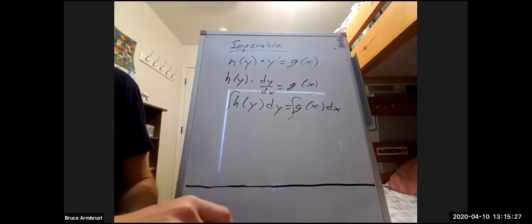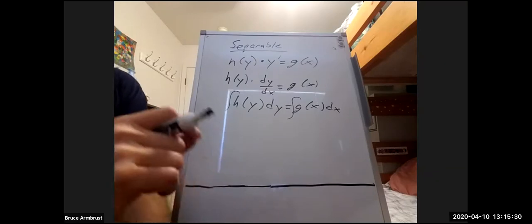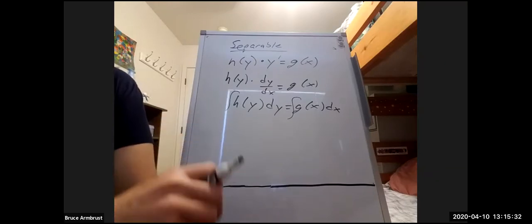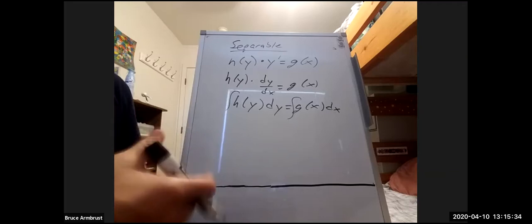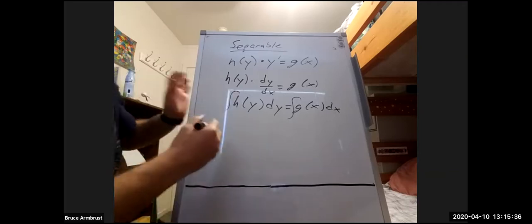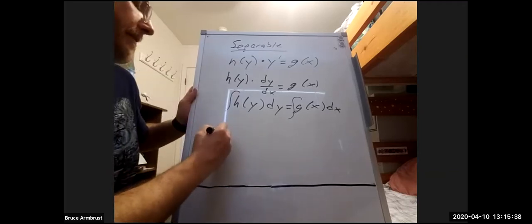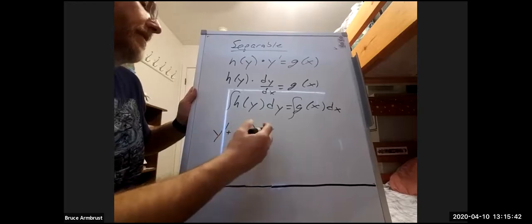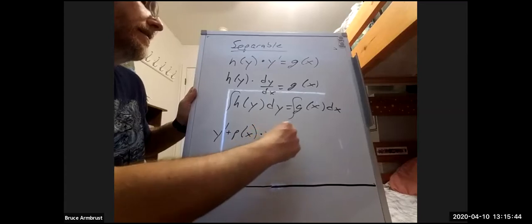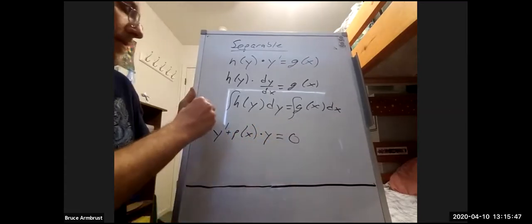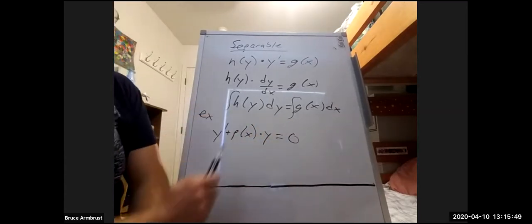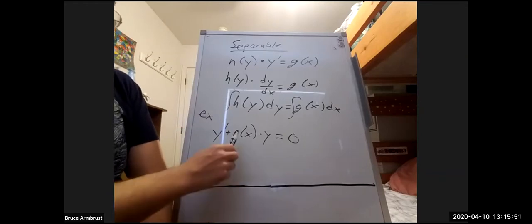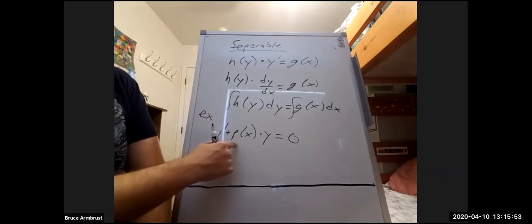So notice that the linear first order homogeneous equations were examples of separable, right? If we go back to those that we looked at last time, where we had y prime plus p of x times y equals 0, these things are all linear. We are exactly of this form.